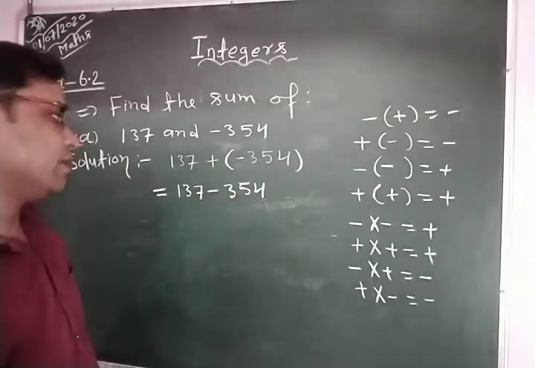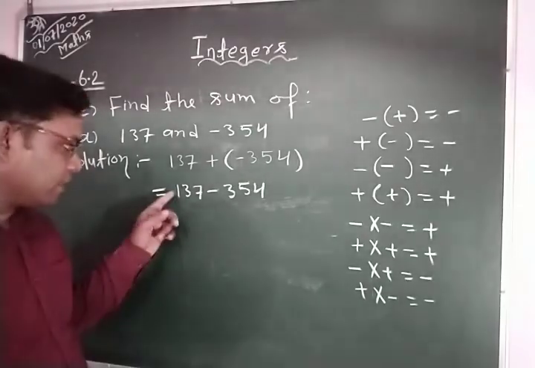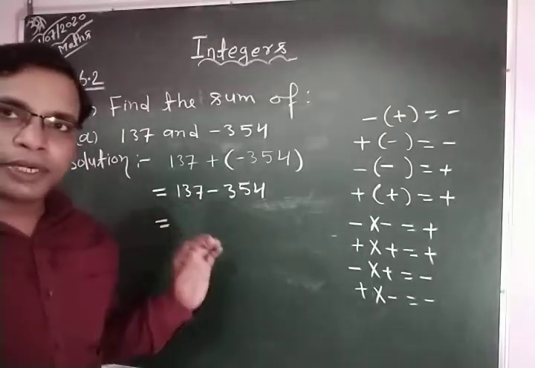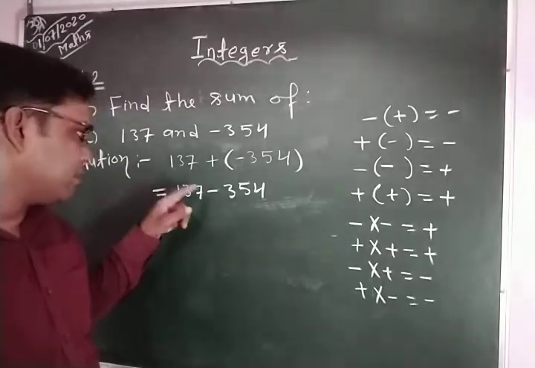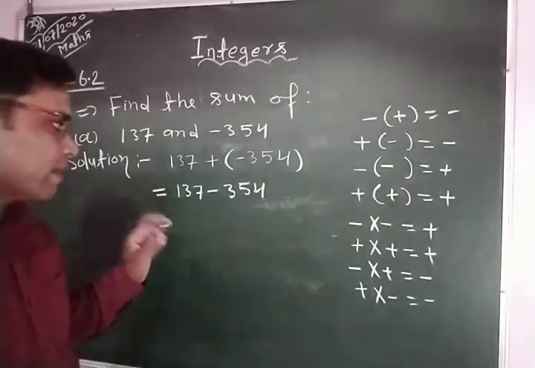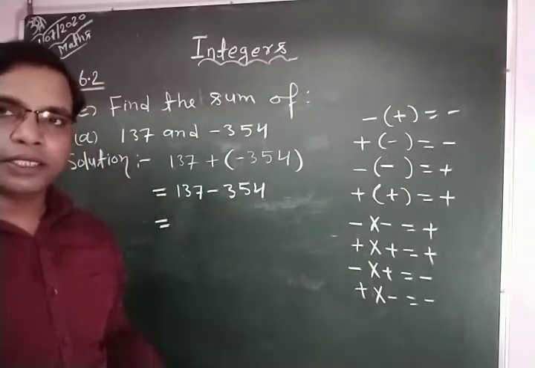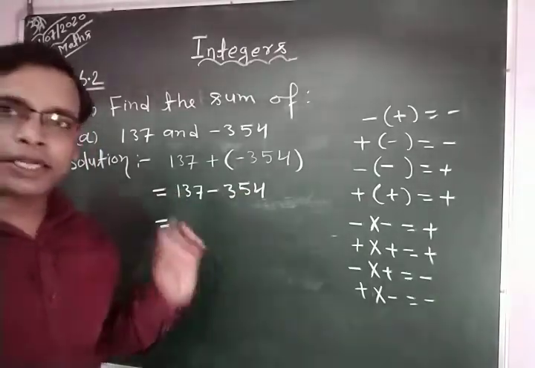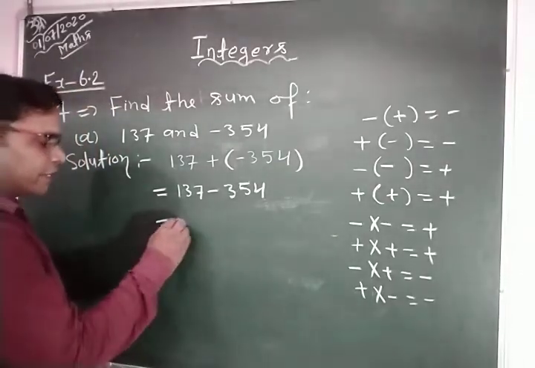Here the sign of 137 is nothing, but it is a positive symbol; the plus sign is hidden. The sign of 354 is minus. 354 is greater than 137, so we use the sign of the greater number, which is minus.